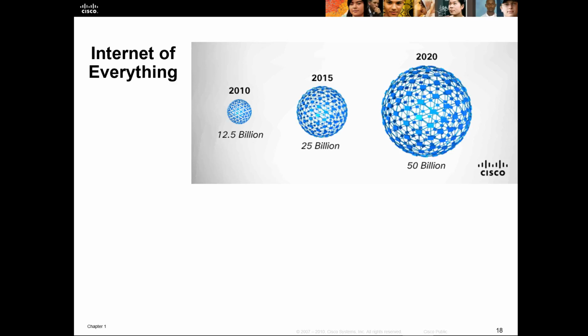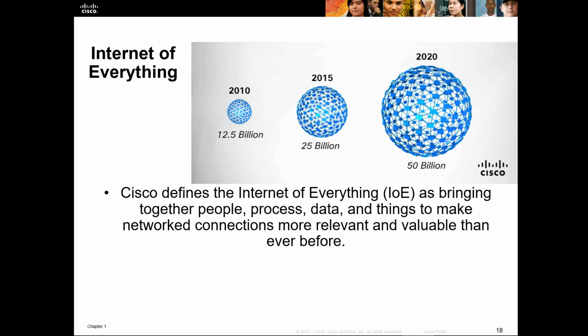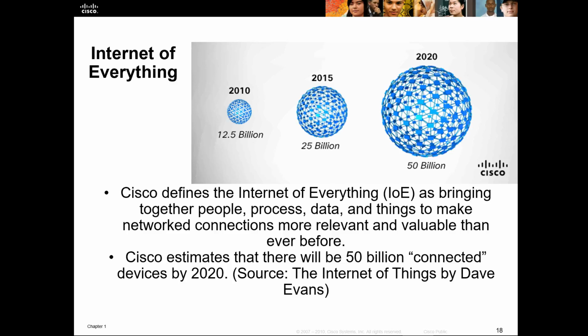That's going to be several devices per person or per house. Cisco defines the Internet of Everything, IoE, as bringing together people, process, data, and things to make network connectivity more relevant and valuable than ever before. Things like a smart refrigerator, smart washer, smart dryer, a smart home, smart applications, mobile devices. Those are just a few of the items. Cisco estimated, again, 50 billion devices by 2020.